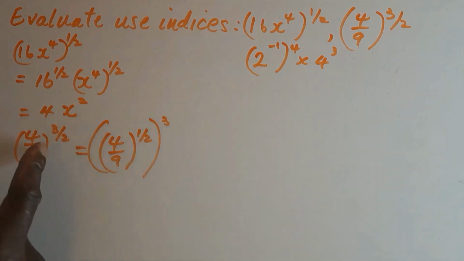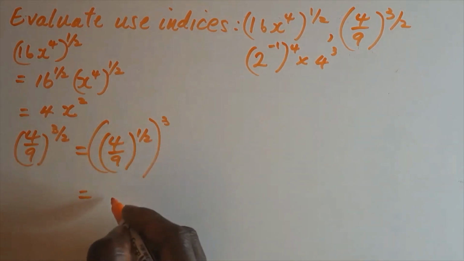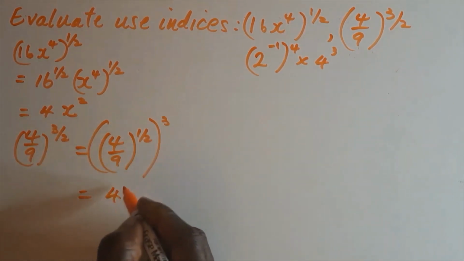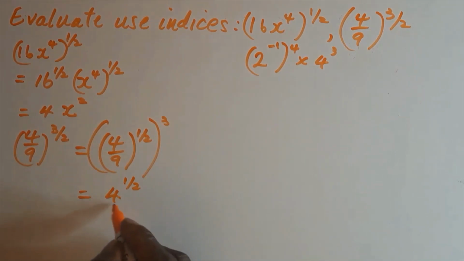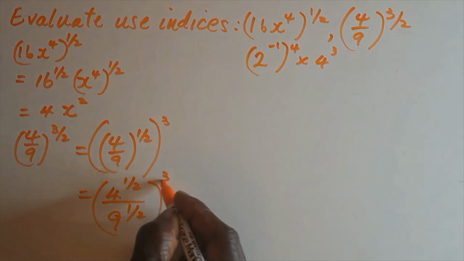When we clear this, we'll get back to 3/2. So first it's asking us to take the square root of 4/9, which means the square root of the numerator and the square root of the denominator. We get that result, we cube it.